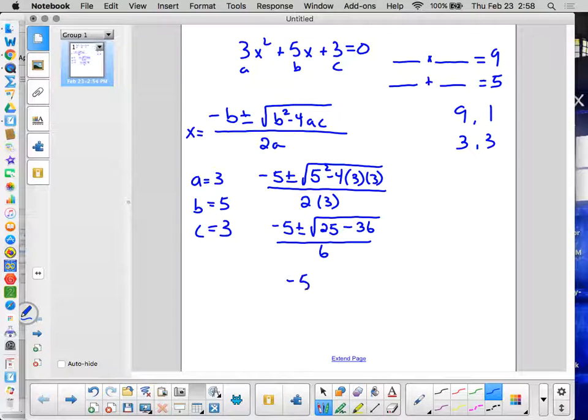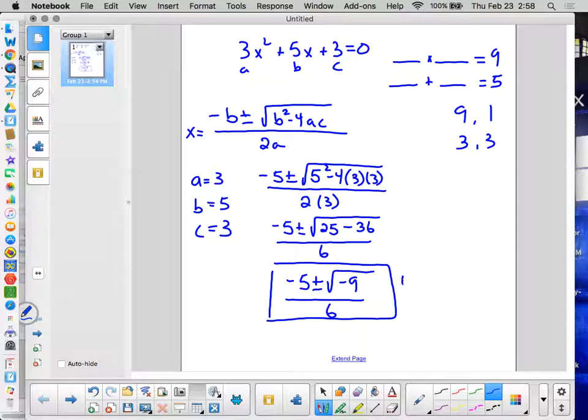And I get negative 5 plus or minus the square root of negative 9, over 6. Oh dear. I don't know how to take the square root of negative 9. If that was a positive 9, I'd be great. But a negative 9 leads me to problems, problems that I will be able to solve in Algebra 2. But for now, because I cannot simplify the square root of negative 9, there are no real solutions.